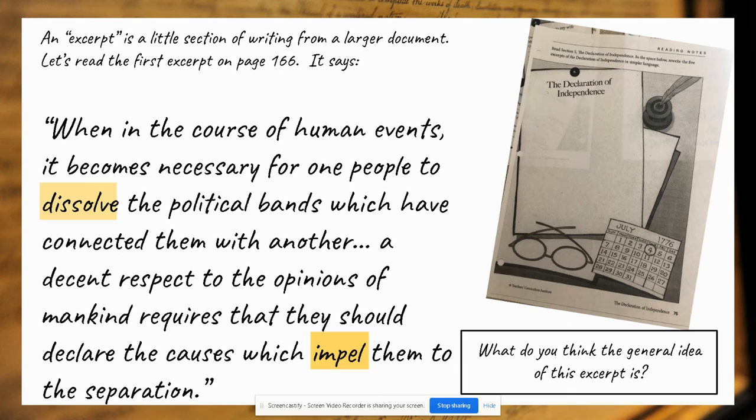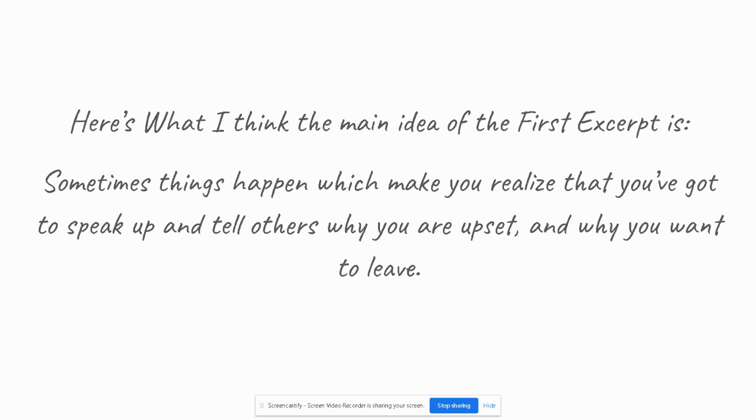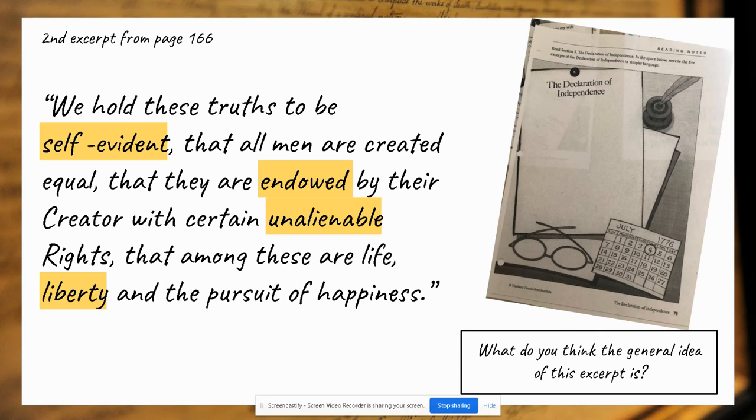They're saying it's time for that to dissolve and fall away. And they have to declare the causes which impel them to separation, which basically means we need to speak up and tell England why we're so upset and why we want to leave.